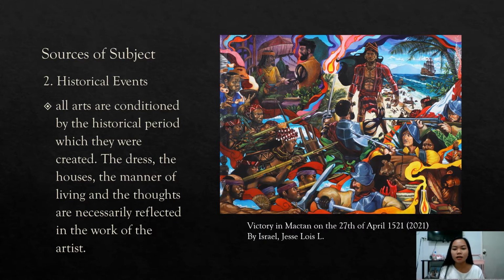And as you can see in this painting, this is the Victory in Mactan, and that is part of our history as Filipinos, right? So basically, it is very clear that his subject here is based on historical events. And this is not the only one, there is so much history that can be translated into art. Okay?